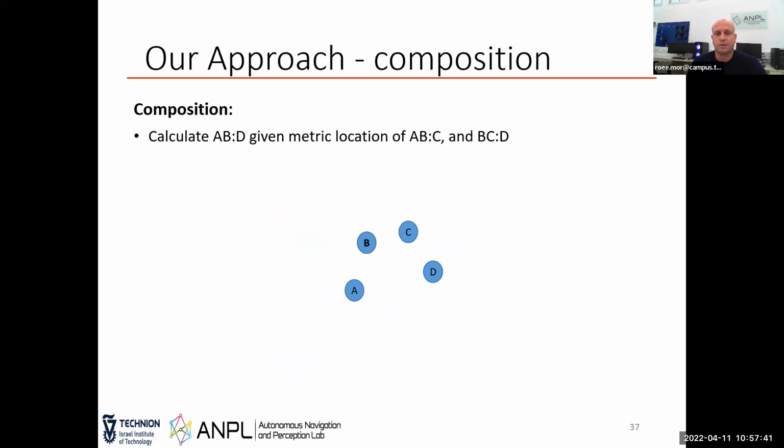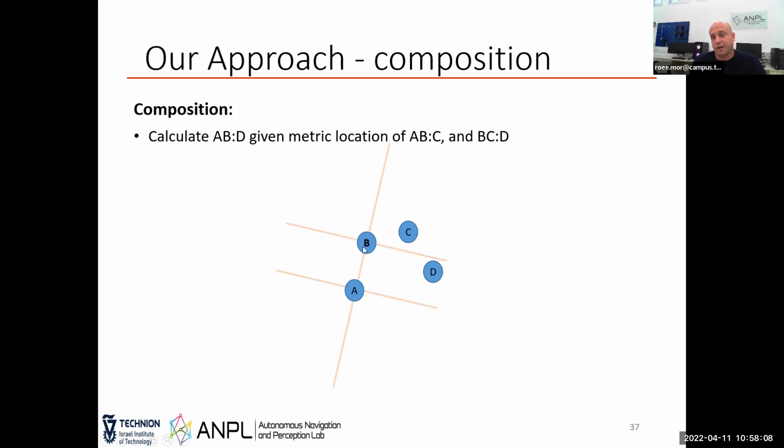So how do we calculate the composition? Because we viewed A, B, and C together, let's assume we have the metric location of landmark C in the AB frame. And then because we measured B, C, and D together, we have the metric location of landmark D in the BC frame.